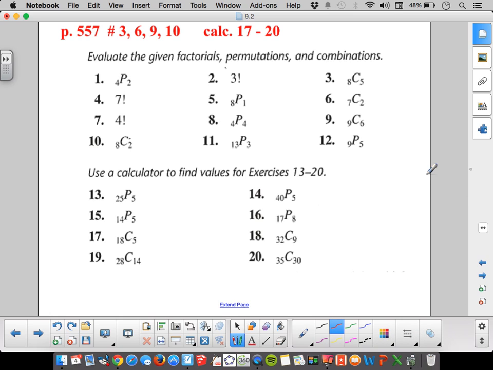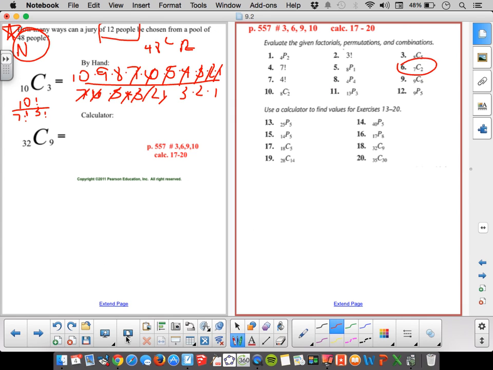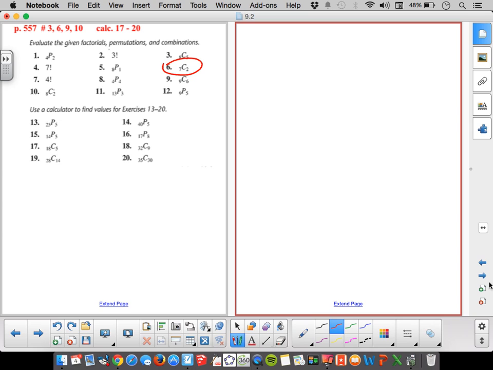Alright, I'm only going to do a couple of these. I'm going to do number 6. So number 6, we have C(7,2). So that means we have 7 factorial divided by 7 minus 2, which is 5 factorial, times 2 factorial.